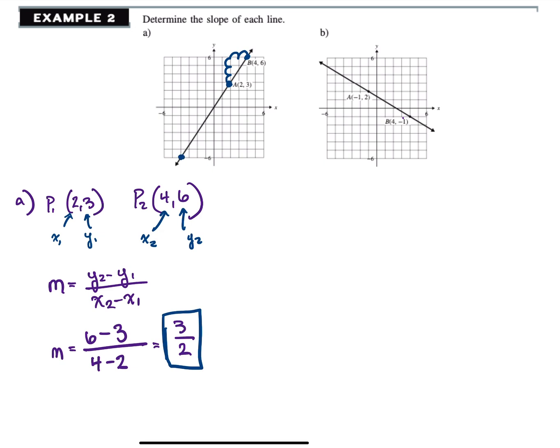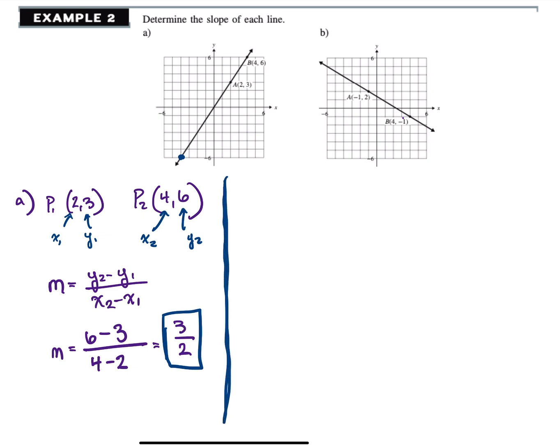If I start here and go up 3 and then over 2, I land on another point on the line. I can go up 3 again, 1, 2, 3, and over 2, land on another point. Up 3, over 2. So it will always describe, starting from one point, how to get to another point on the line. It's part of why it's very useful.